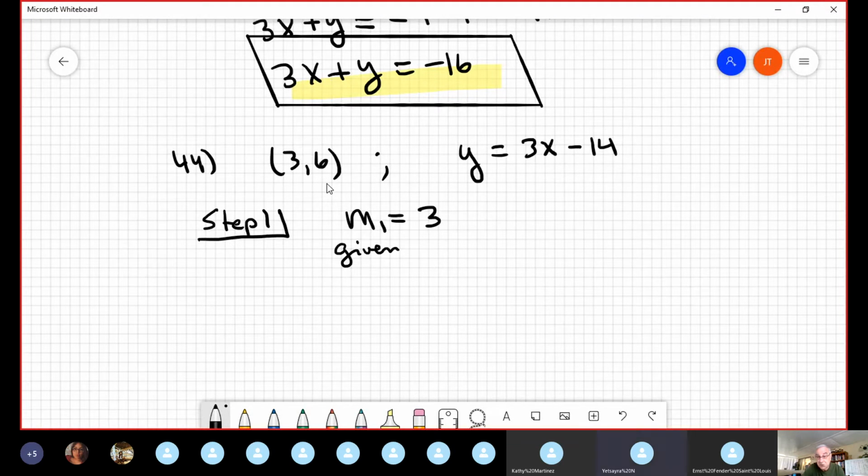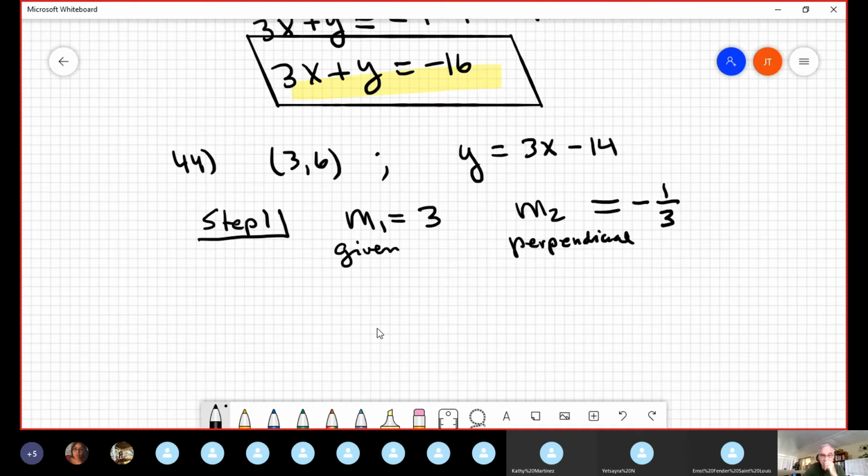3. Very well. And what is the second slope, the perpendicular slope? Negative 3, no. Remember, negative 1/3. So you should do two actions: flip the number and change the sign. This is the new slope.